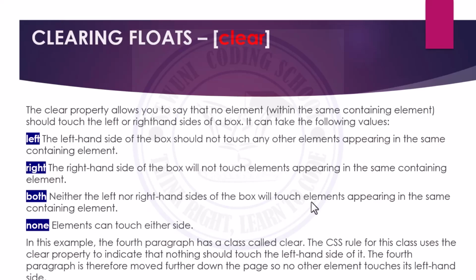In the example, the fourth paragraph has a class called clear. The CSS rule for this class uses the clear property to indicate that nothing should touch the left hand side of it. The fourth paragraph is therefore moved further down the page so no other element touches its left hand side.